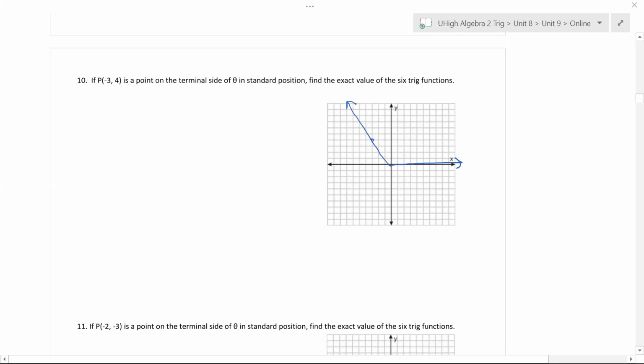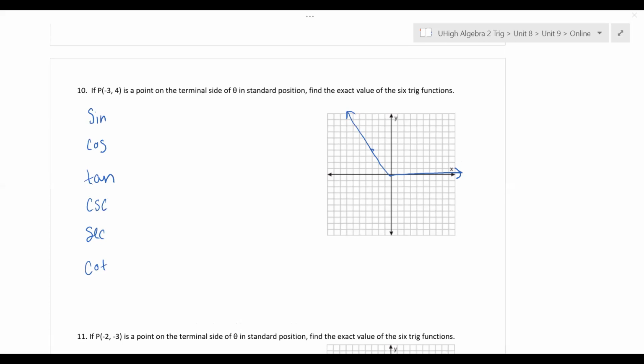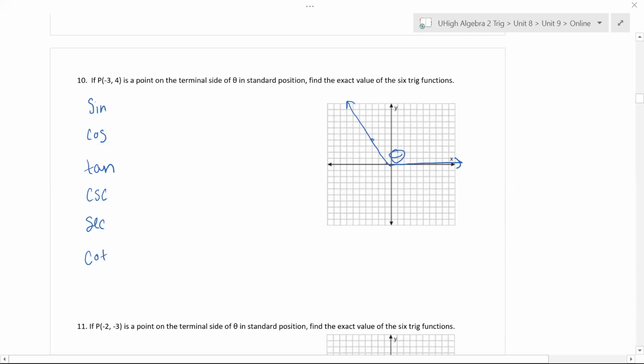Now I want to find the value of my 6 trig functions. So I'm going to have sine, cosine, tangent, and then their reciprocal ratios of cosecant, secant, and cotangent. Theta in standard position would be this angle created here.